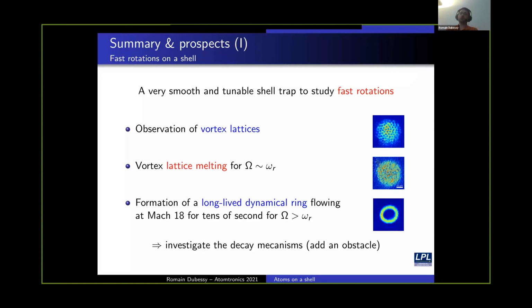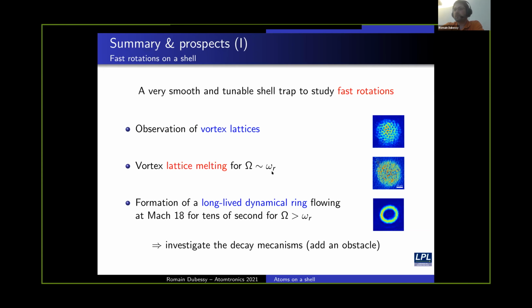So now I would like to summarize and conclude. I have shown you experiments about fast rotations on a shell. We have seen vortex lattices, with a possible lattice melting mechanism when the rotation is too fast.